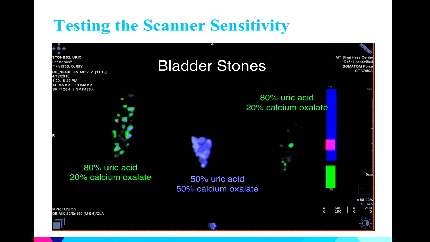And then we also scanned bladder stones from the urology department. The leftmost and the rightmost stones are supposed to be the highest concentration of uric acid. And so that green, again, is the uric acid. Purple is supposed to signify calcifications. And so we do see in the leftmost and the rightmost tube that we are, again, seeing that green showing up.